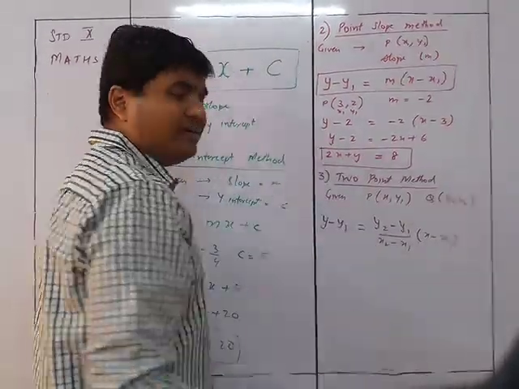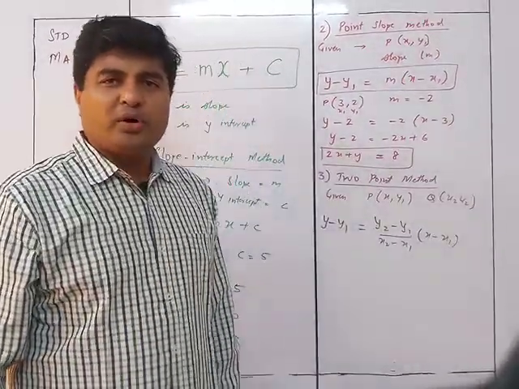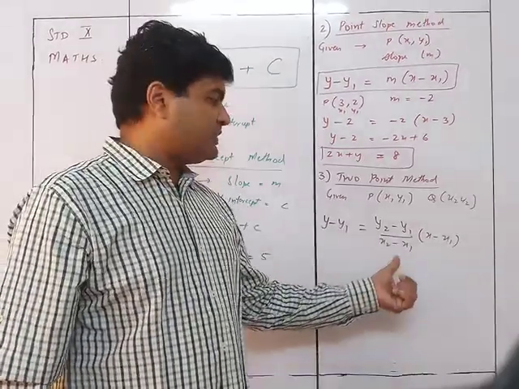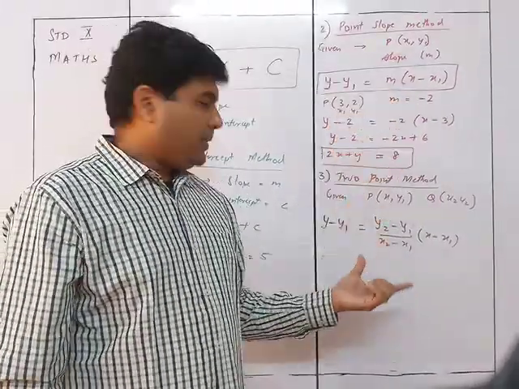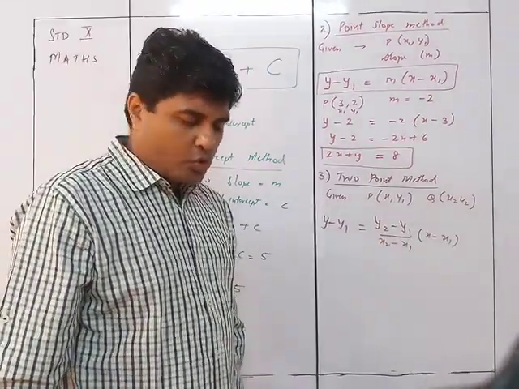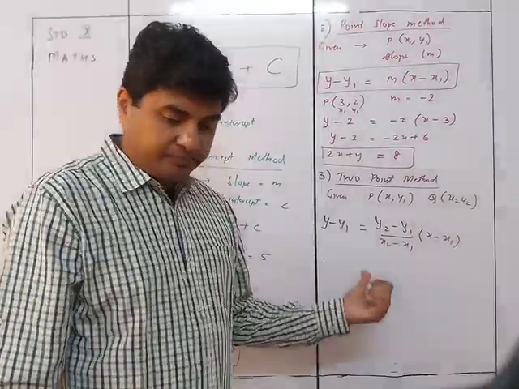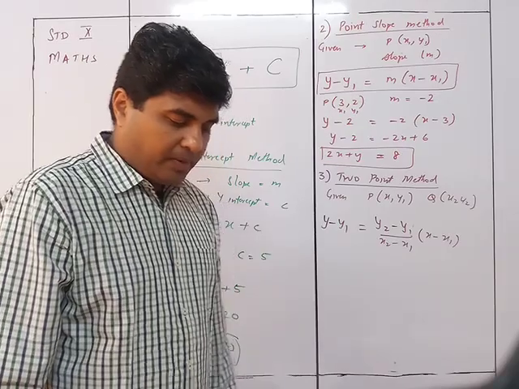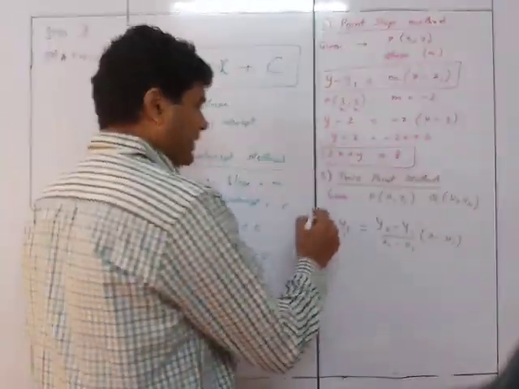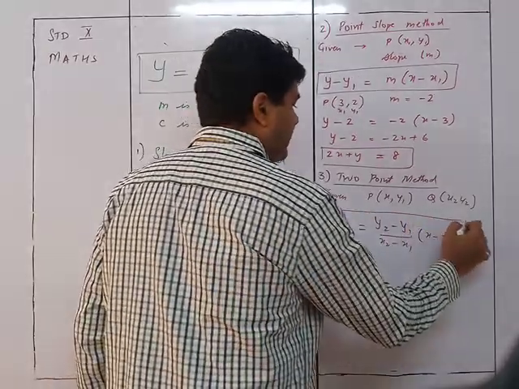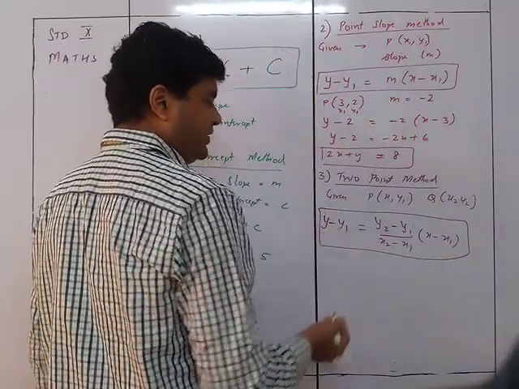So although we are saying two-point method, you can always find the slope separately and use the earlier method. It's one and the same. But it is called a method, the two-point method, wherein you will have it in this particular form. Actually it's not a difference, but anyway, you can consider it to be different.